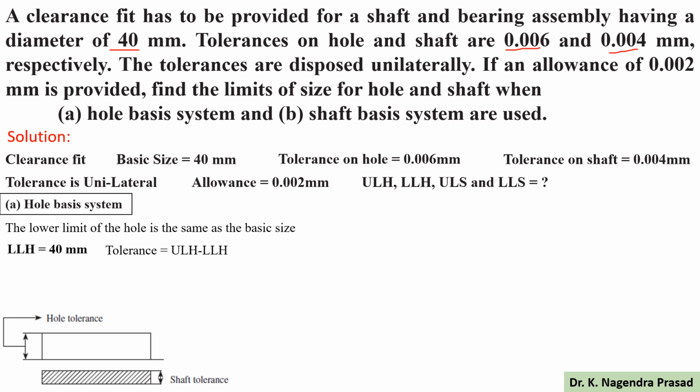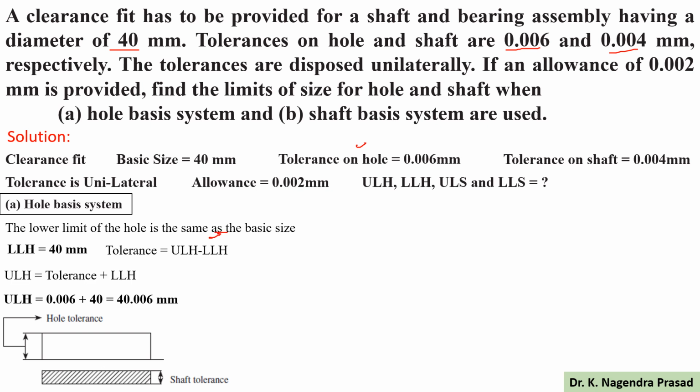So next we have to find out the upper limit of the hole. For this I have to use the tolerance on the hole. We know that the tolerance equals upper limit of the hole minus lower limit of the hole. Here the tolerance on the hole is given and we know the lower limit of the hole.